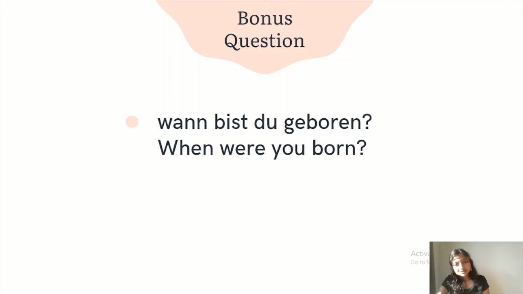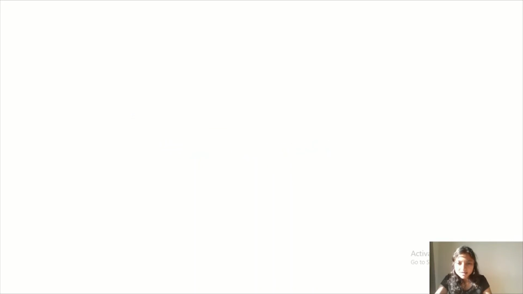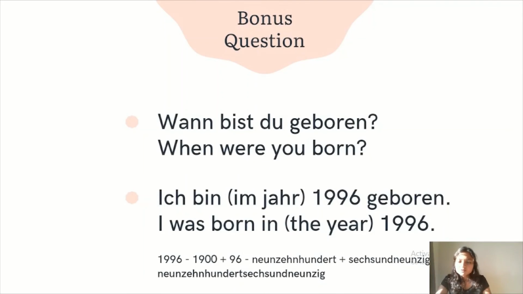If you get asked, when were you born? Which means, wann bist du geboren? Noch einmal, wann bist du geboren? Which means, when were you born? How would you reply? You can reply as, ich bin im Jahr 1996 geboren.